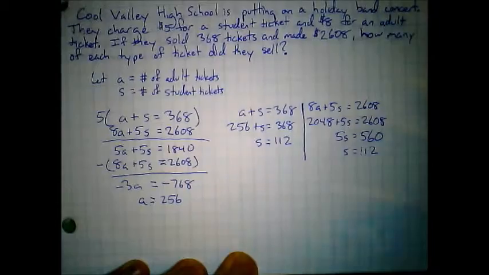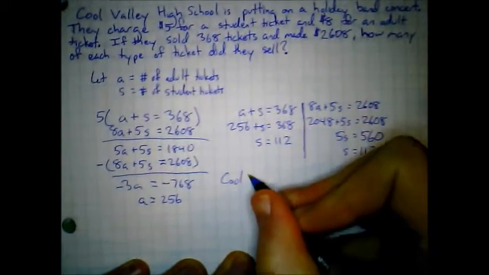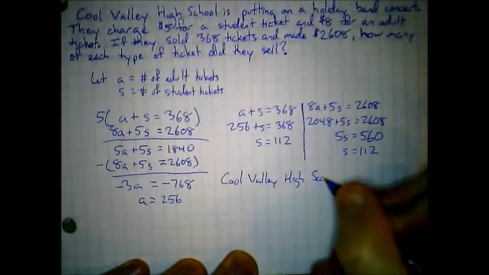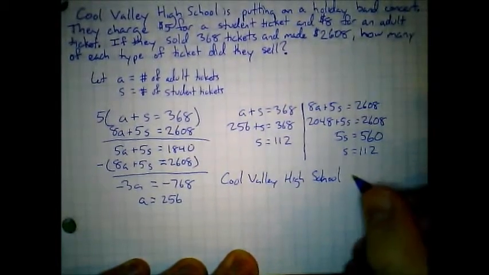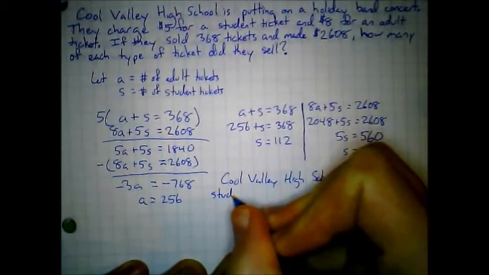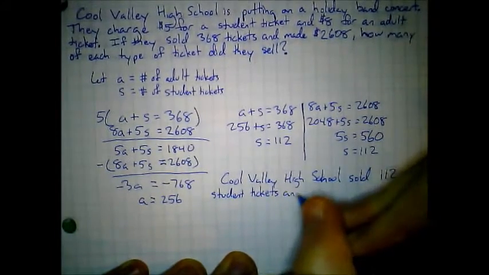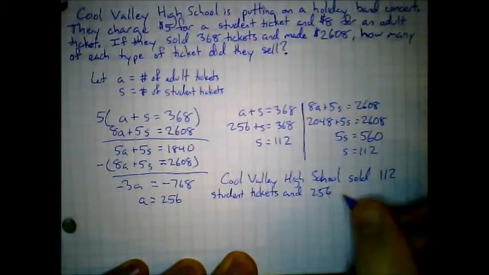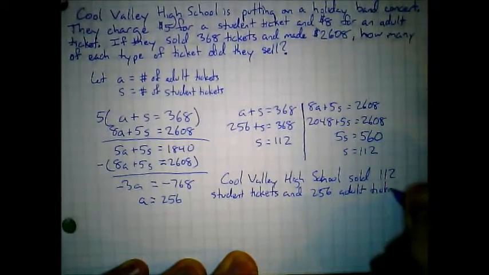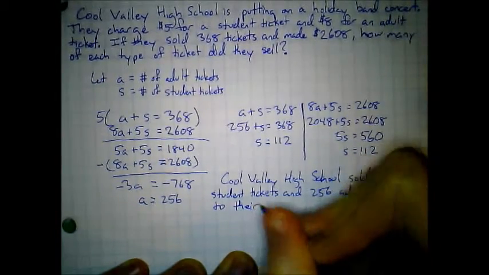So our complete sentence answer is Cool Valley High School sold 112 student tickets and 256 adult tickets to their holiday band concert.